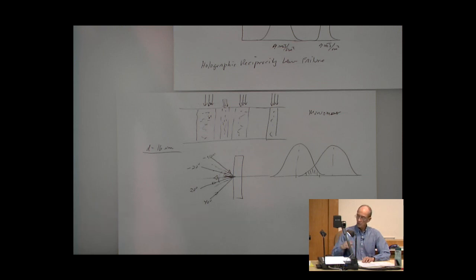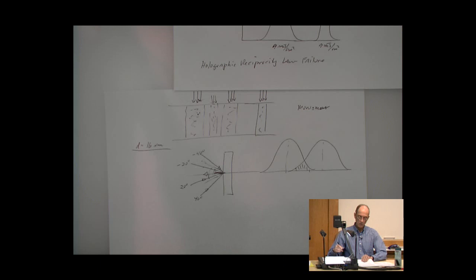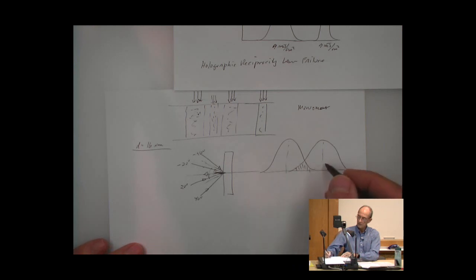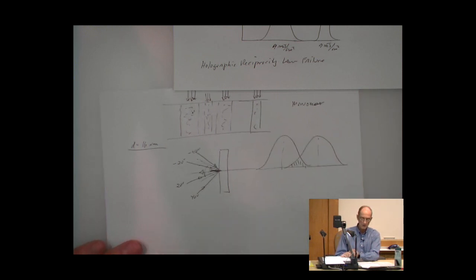Okay, so one thing I want you to explore a little bit is to see how far apart these efficiency curves are. Are you going to have the overlap, or can you make two holograms that don't overlap in this material?